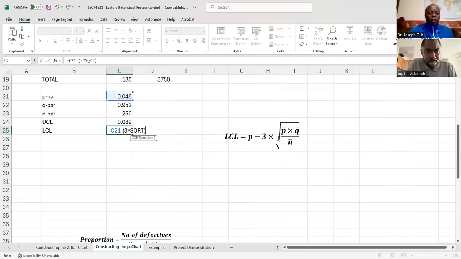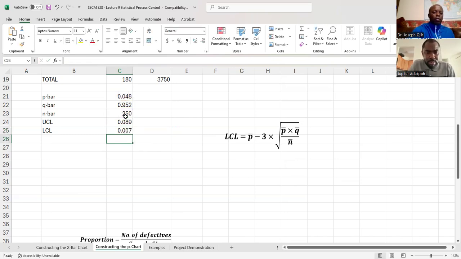Double click P bar times Q bar over N bar, close parentheses twice to balance it. Then press the enter key. Bingo. 0.007. We prefer 3 decimal places.